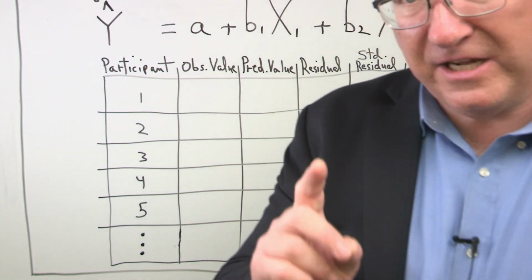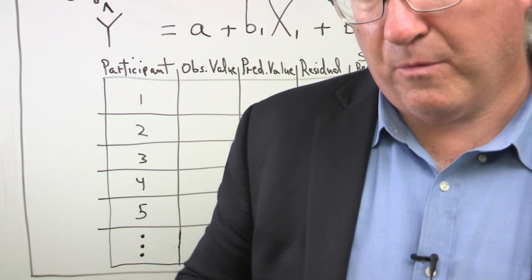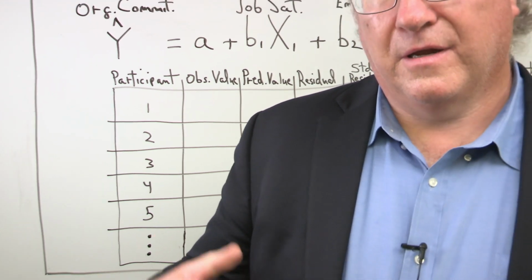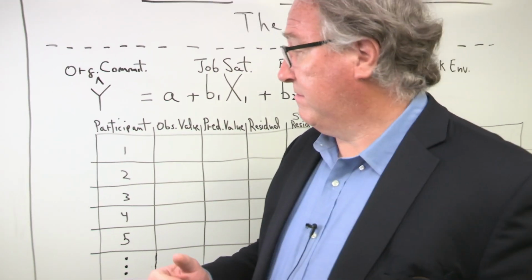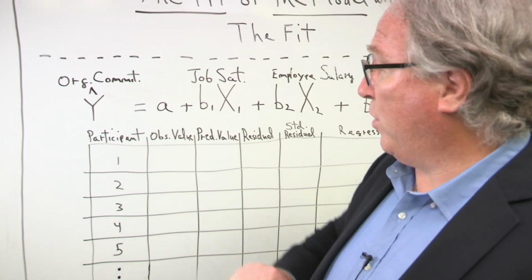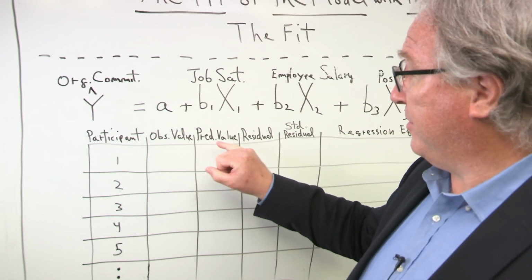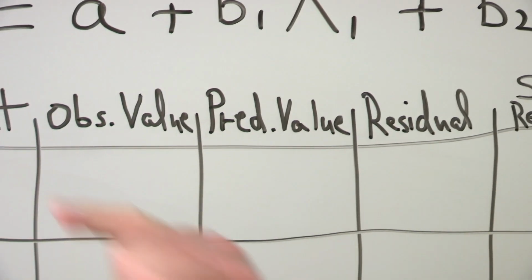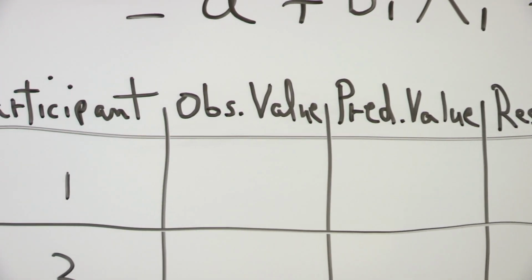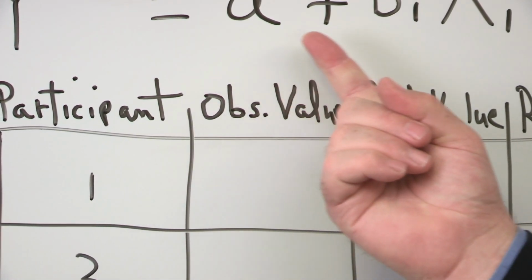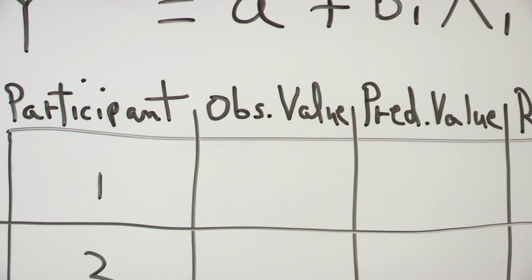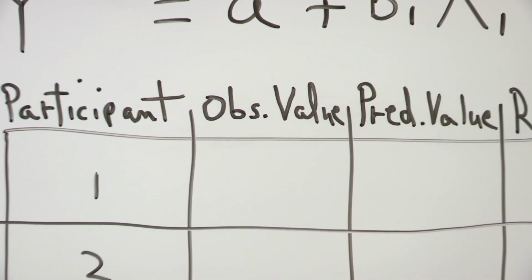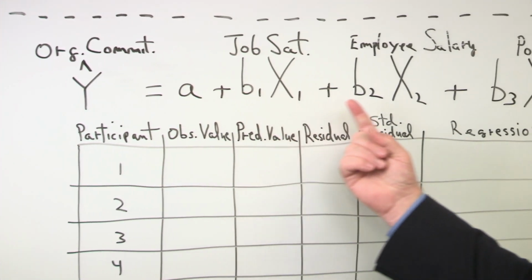But you have a second value on the outcome variable measure for each of your participants. Again, now looking at participant 1, you also have the predicted value on the outcome variable measure for participant 1 from the model. Here's the model.